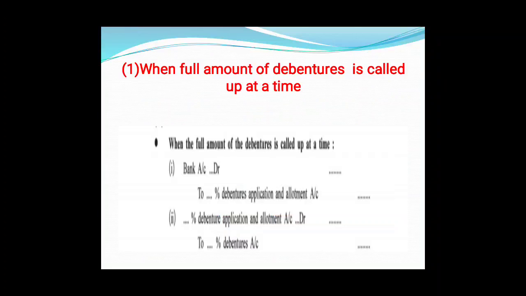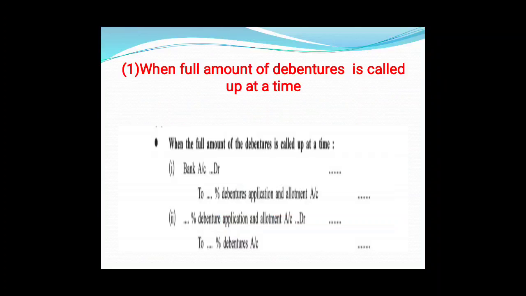Whenever the entire amount is called up at a time, first of all we will receive money along with the application, the entire amount. So that amount is received and it is transferred to application and allotment account.